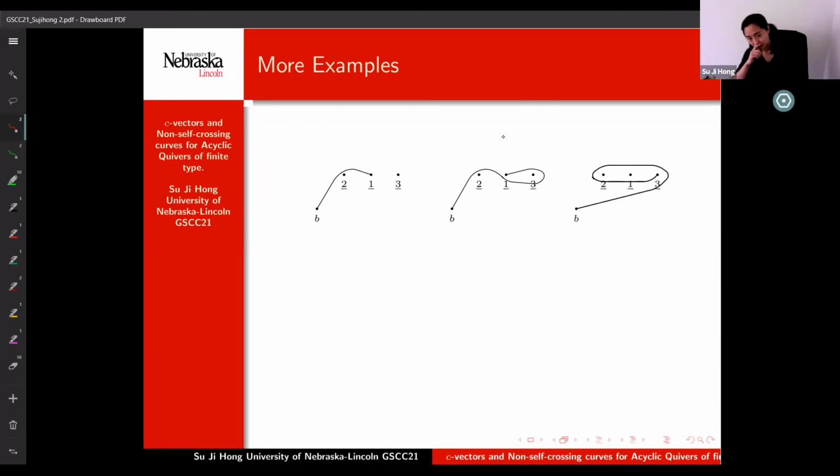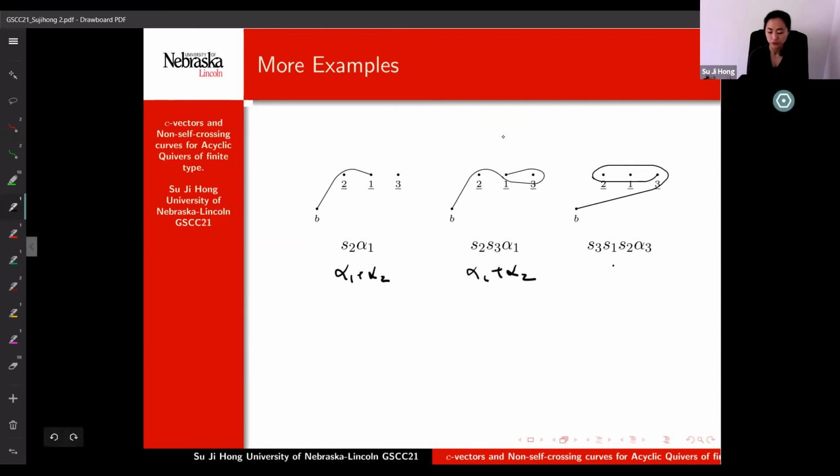So here are some more examples. Let's say that in this case, we're looking at the quiver 1 to 2, the other direction, 2 to 3. And when we look at all these 3 curves, they look very different. When we look at this representation, it looks very different, but in the end, they all end up being alpha 1 plus alpha 2.